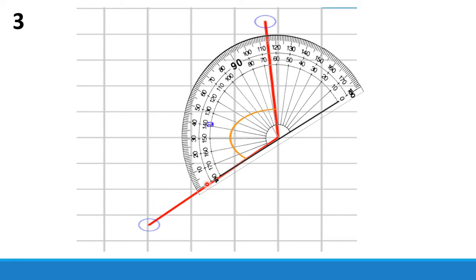And when we read, we make sure we're starting at 0 and reading around our angle. Now this one is halfway between 110 and 120. So do you know what that will be? It's 115. This is an obtuse angle because it is greater than a right angle at 90. So it's an obtuse angle, 115 degrees.